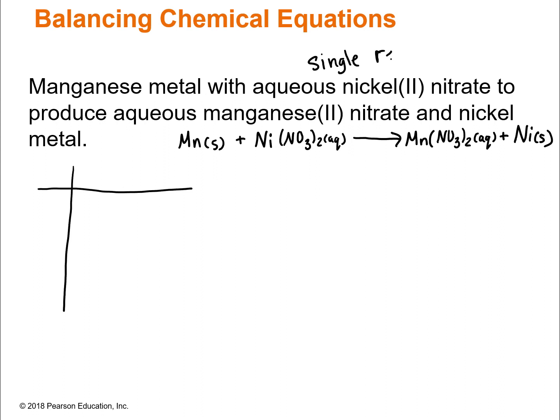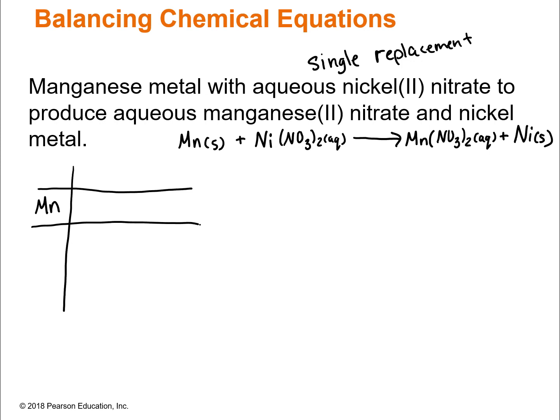It's a single replacement. For a double replacement, you need 2 aqueous solutions for reactants. Here we've got a metal solid plus an aqueous solution. So that's going to be a single replacement. All right, back to balancing.